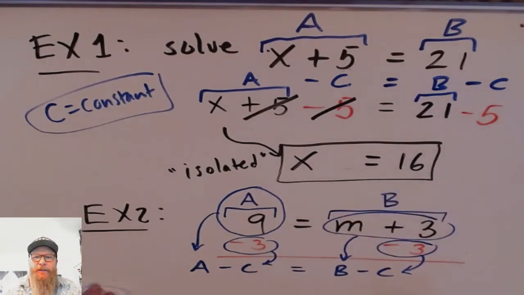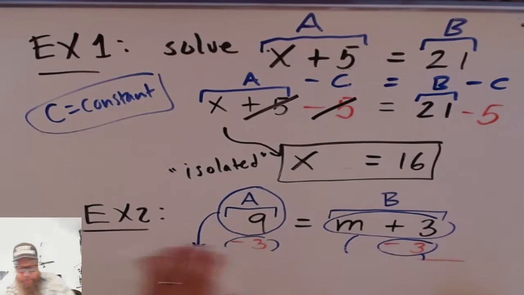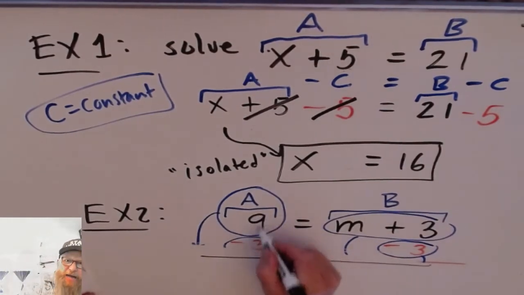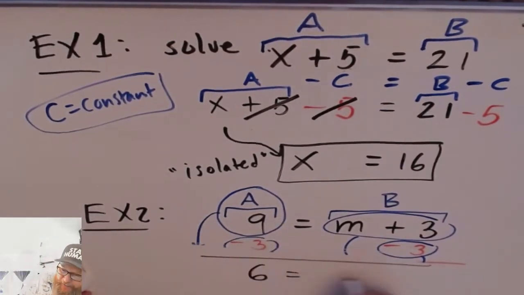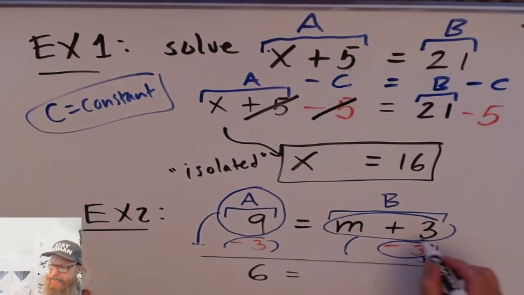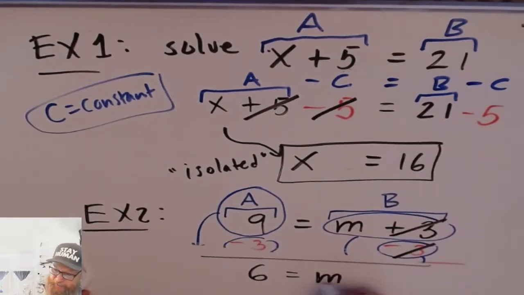Okay. In general, we just say 9 minus 3 is 6. Positive 3 and negative 3 will cancel out.